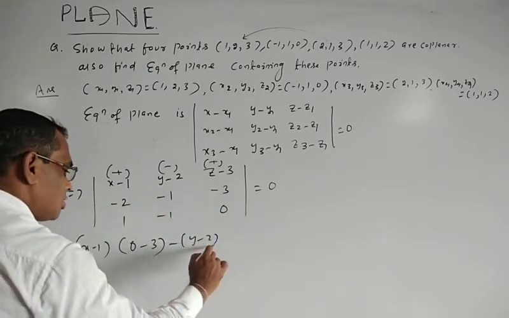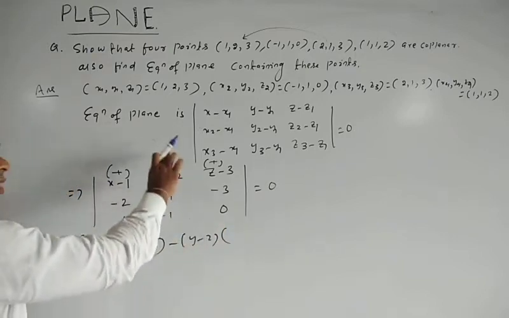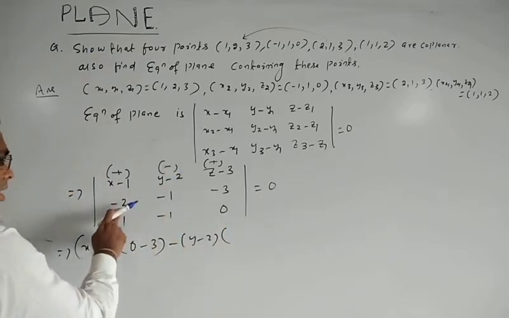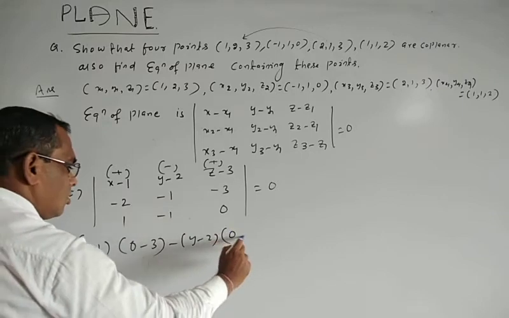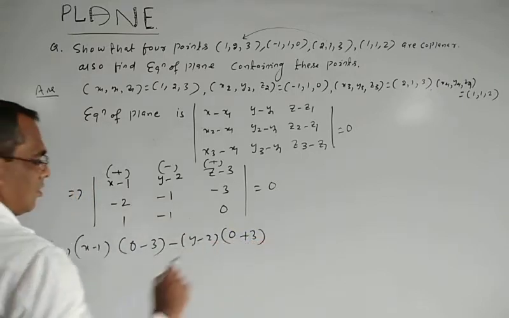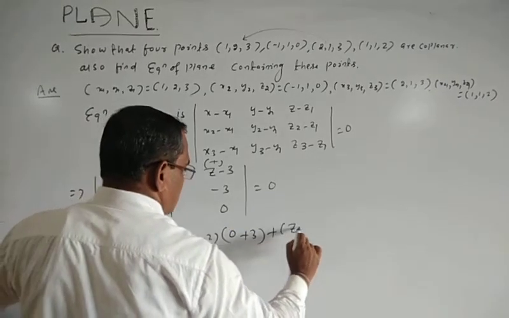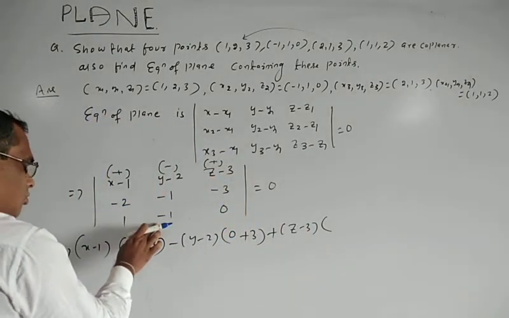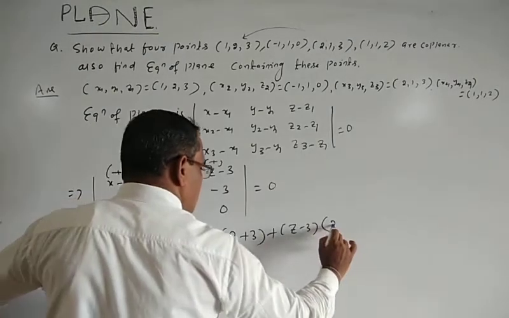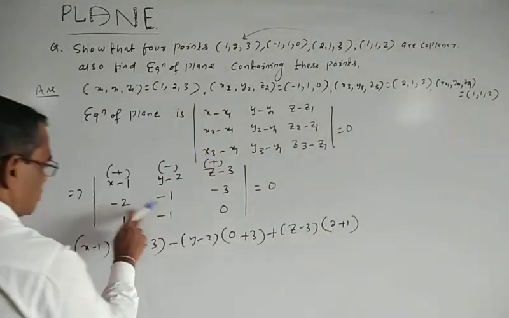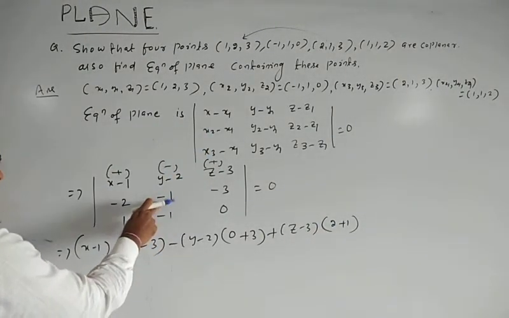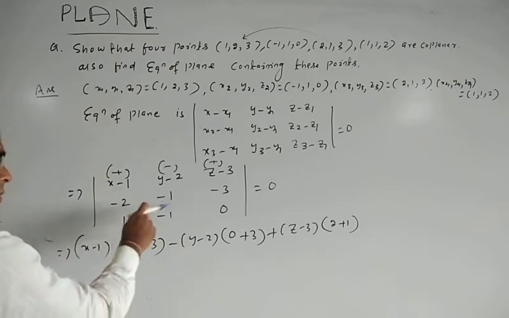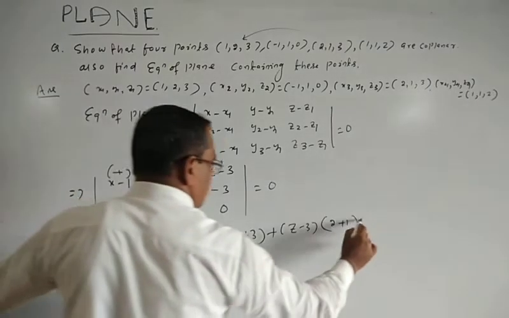Minus of y minus 2 into first and the second column, minus 2 into 0, 0 plus 3, plus z minus 3 into minus 2 into minus 1, this is 2 plus 1, minus 2 into minus 1, 2, here minus 1 and plus 1 is equal to 0.